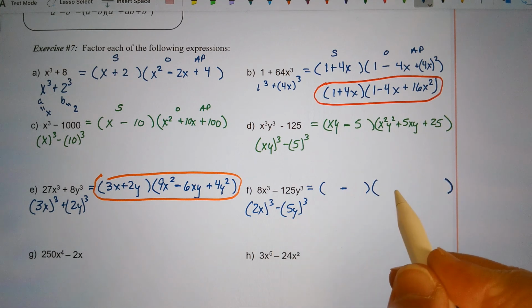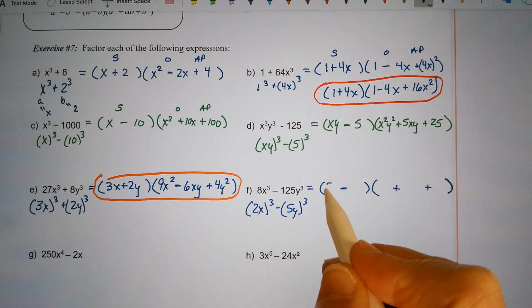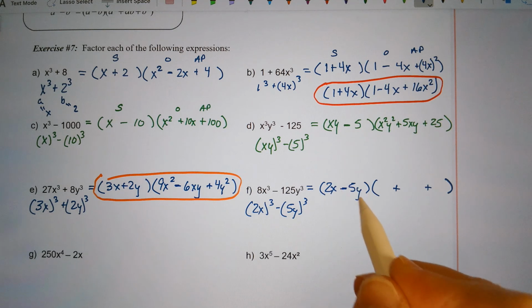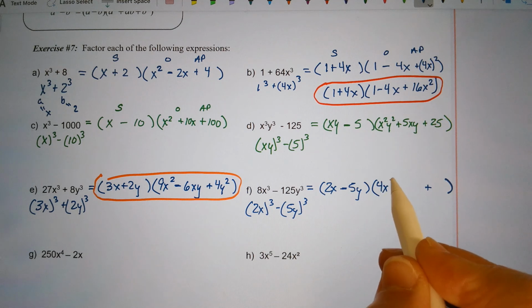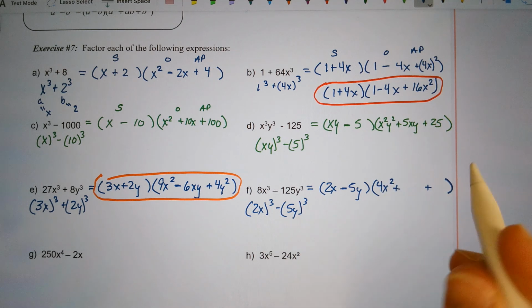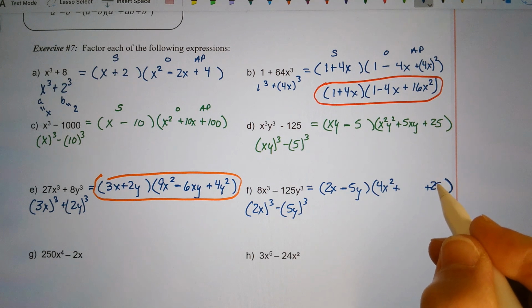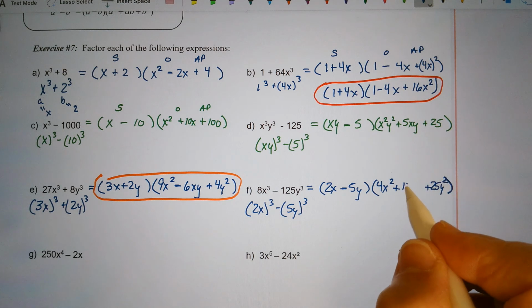So same, opposite, always plus. 2x minus 5y is the binomial. 2x times 2x is 4x squared. If I want to jump to the last term of the trinomial, it's 5y times 5y, which is 25y squared. And then the middle term of the trinomial is their product. 2x times 5y is 10xy.